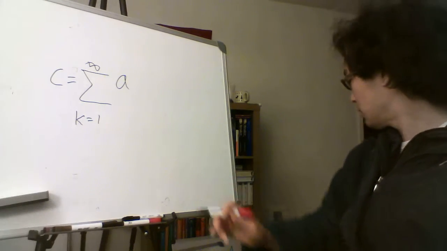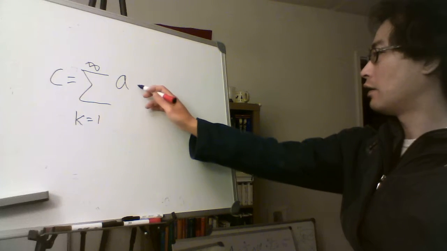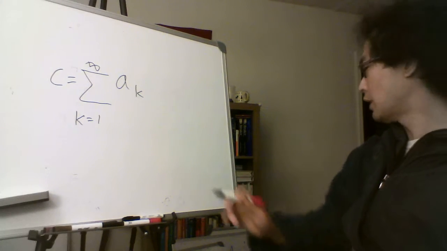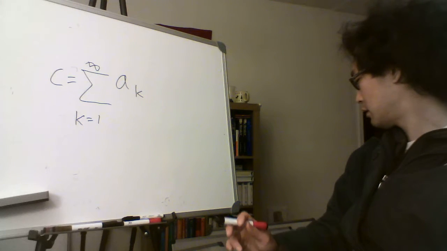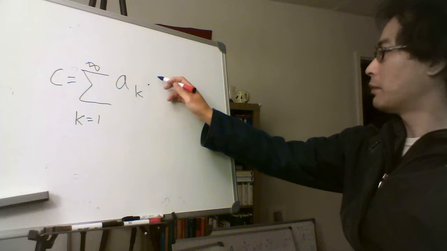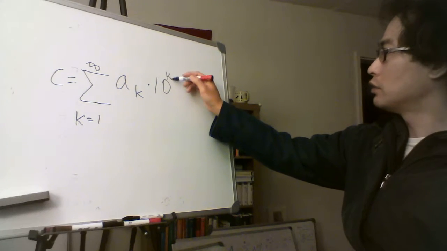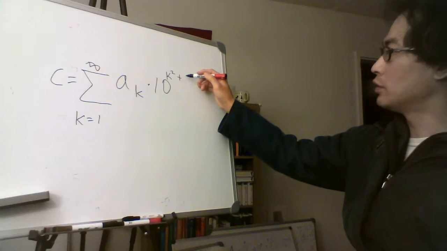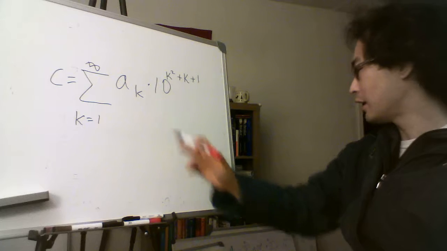A to the k multiplied by 10 to the k squared, it's kind of pretty, k squared plus k plus 1. And what is A_k? It has these two different sigmas there.